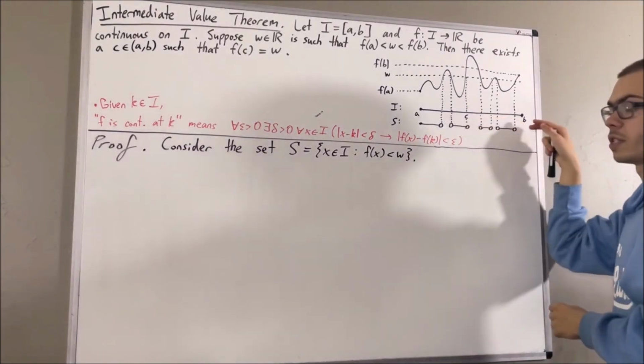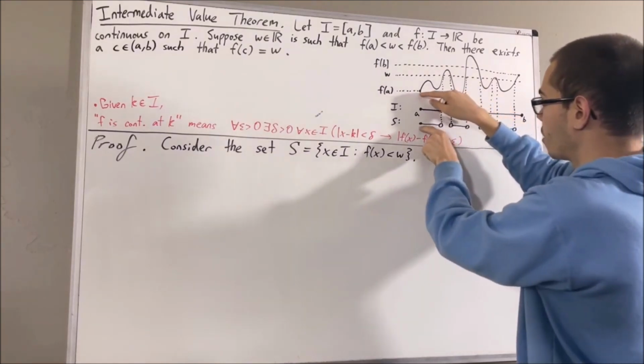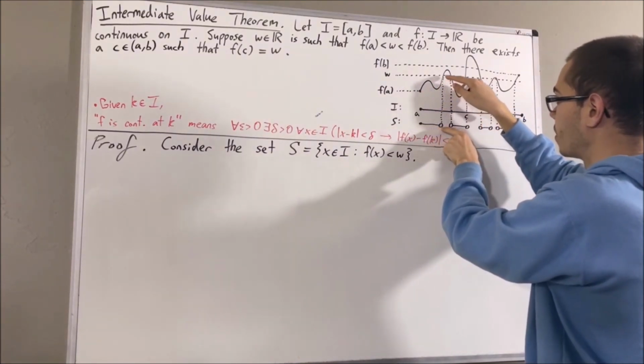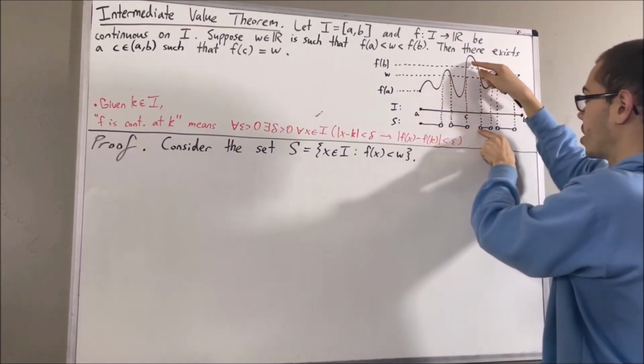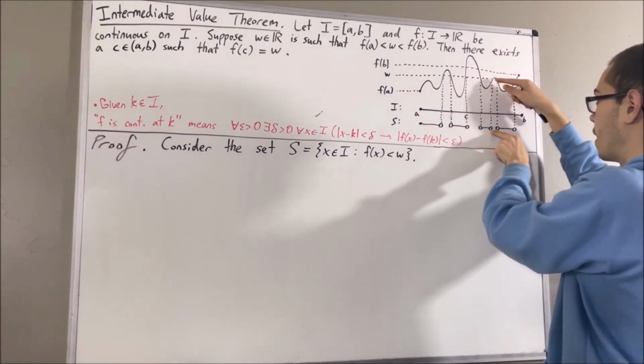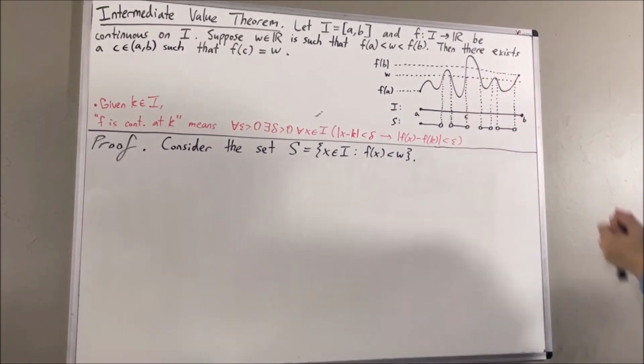Right, so this is what S will look like for our diagram. Because, starting right here, f is less than w, then f is greater than w, then f is less than w, f is greater than w, f is less than w, f is greater than w, f is less than w, and then f is greater than w.